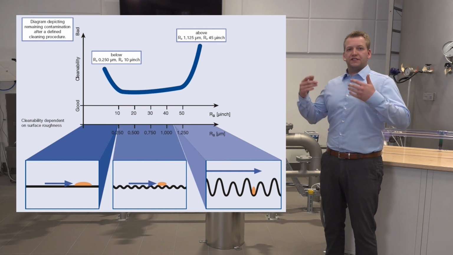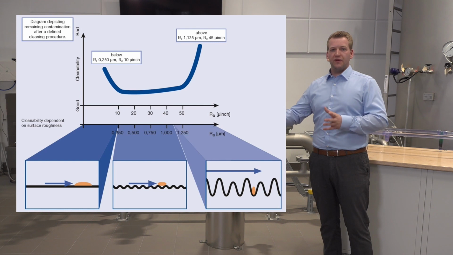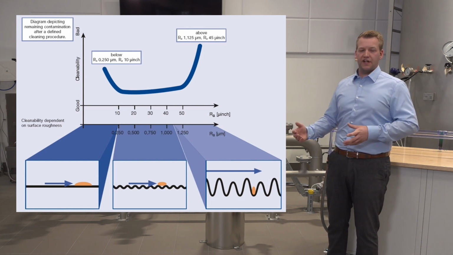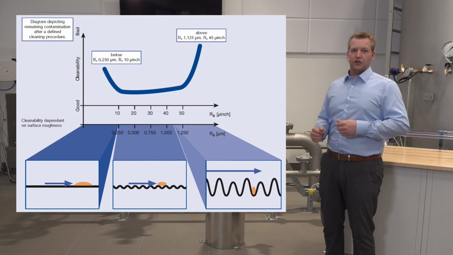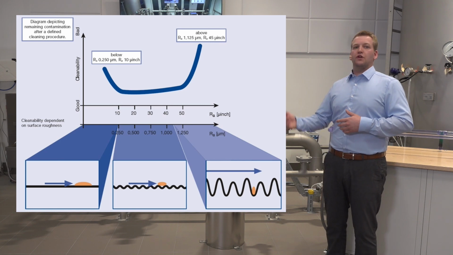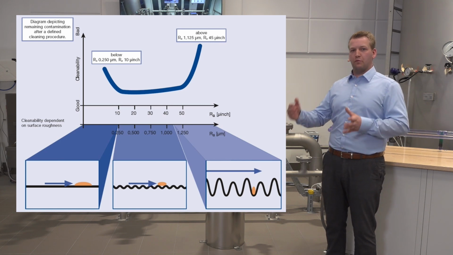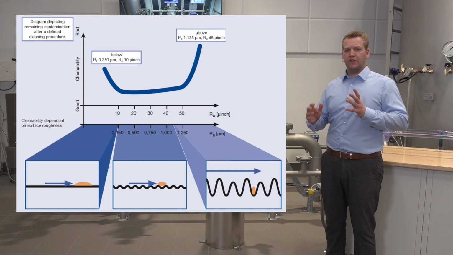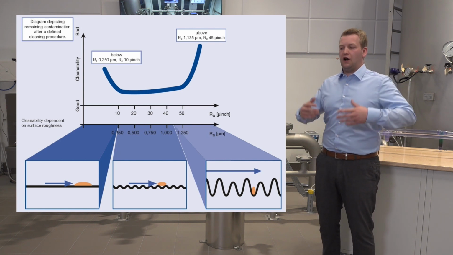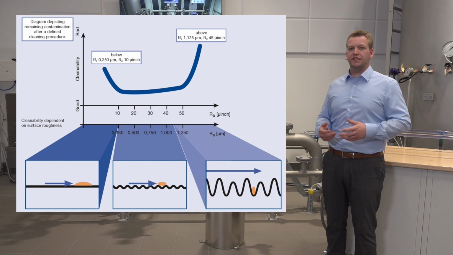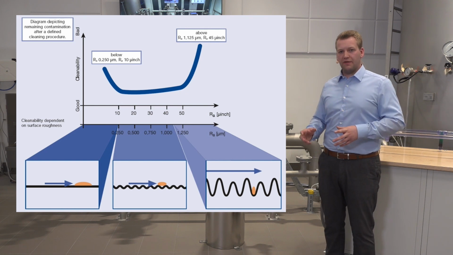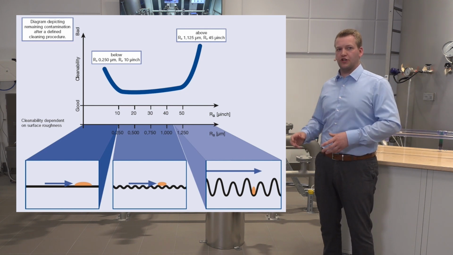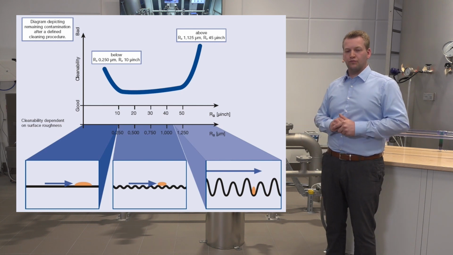The best surface is between these both sections: left too smooth, right too rough, and in the middle there is a perfect surface. And our clean surface safety valves fulfill the requirements of these special surfaces.